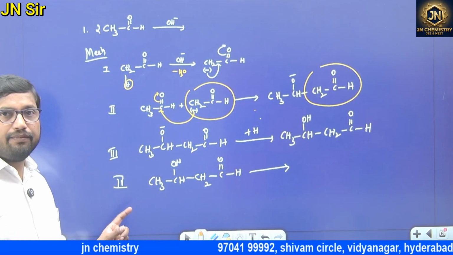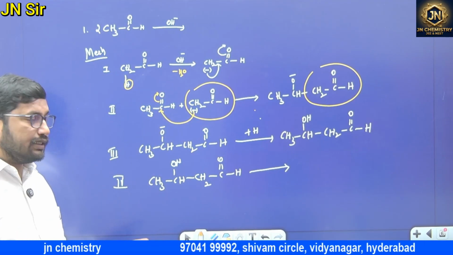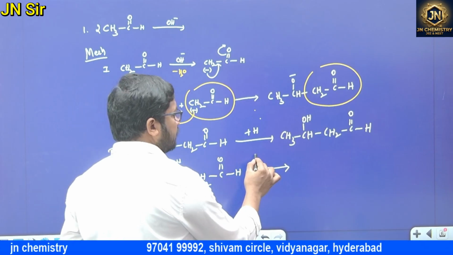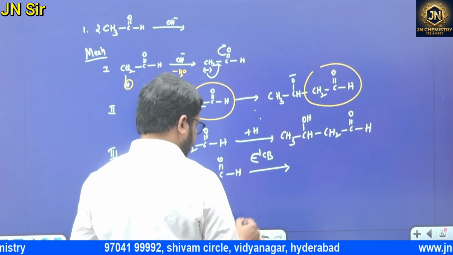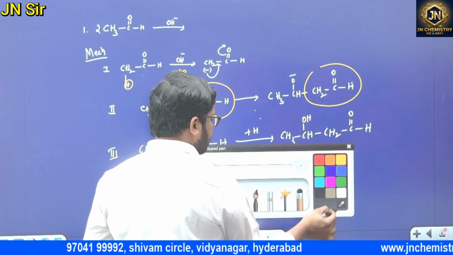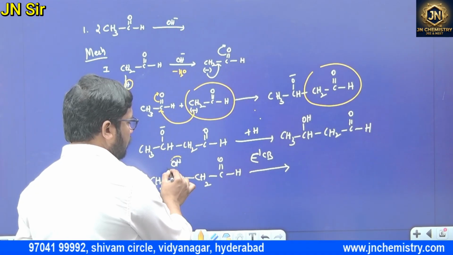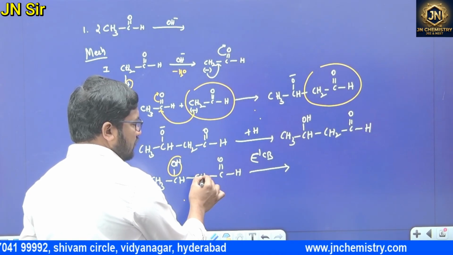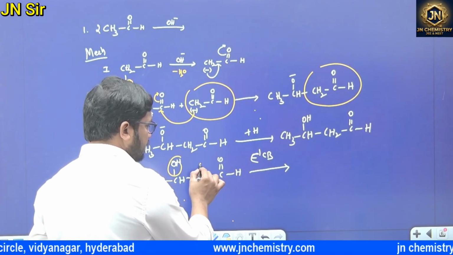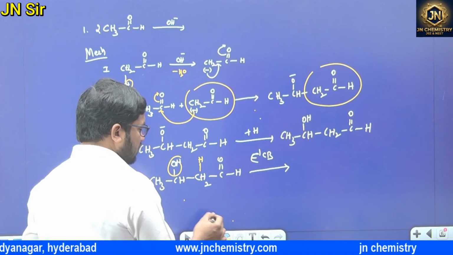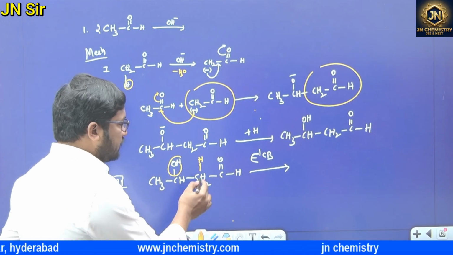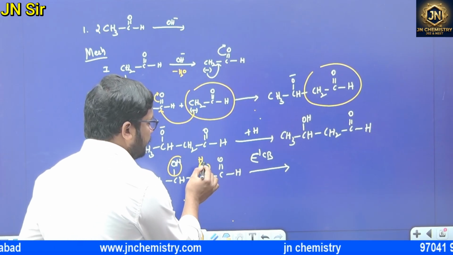In the basic medium we are doing this, right? So this undergoes the E1CB mechanism, no? E1CB mechanism. So here, first the base takes the proton, the H plus, so a negative charge is forming here.